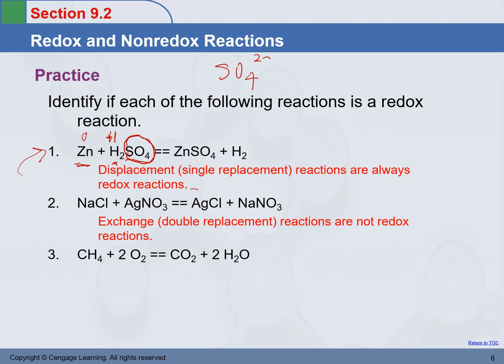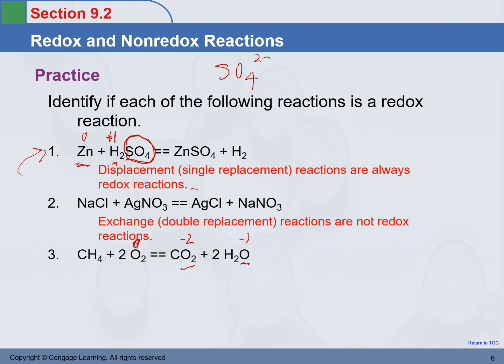Methane reacts with oxygen to produce carbon dioxide and water. Oh, combustion reaction, burning methane in oxygen. All right, oxygen is 0 before the reaction because it is in its elemental state. Oxygen after the reaction is -2 in the compound. Oxygen is always -2 in the compound.